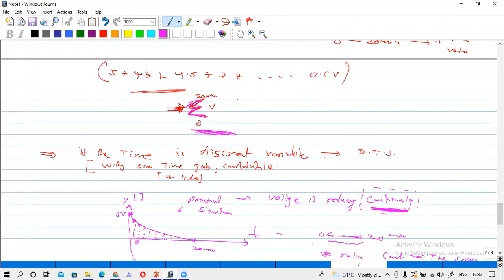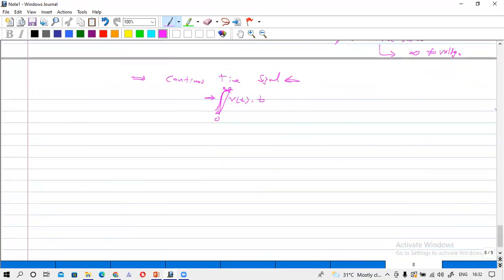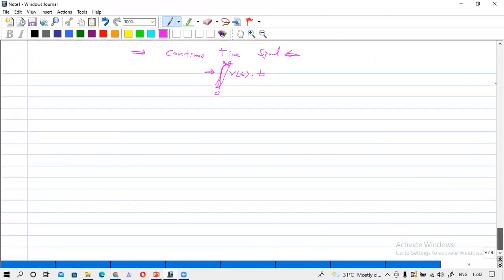So if I summarize what I have told you here, a signal can be classified into two parts. One is the continuous time signal, and the other is the discrete time signal.